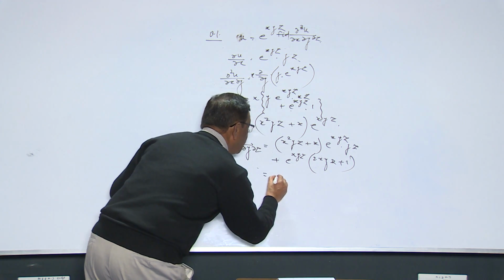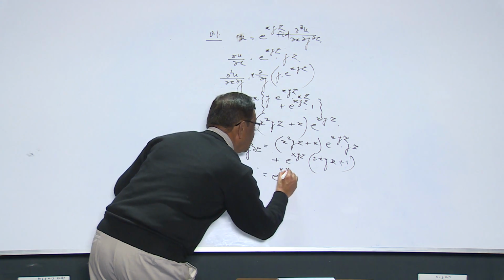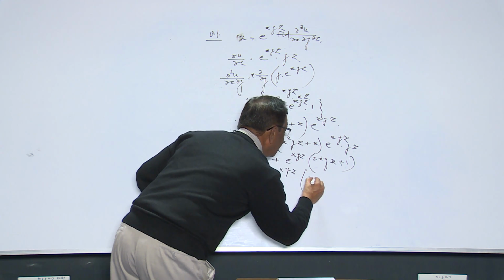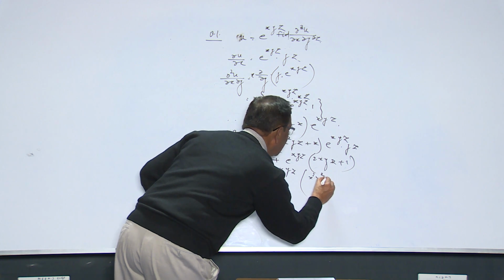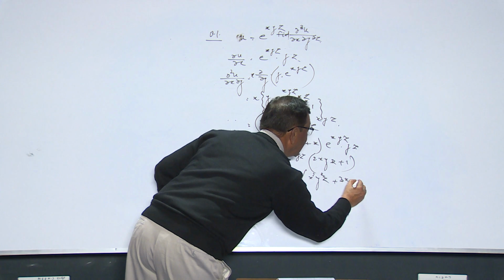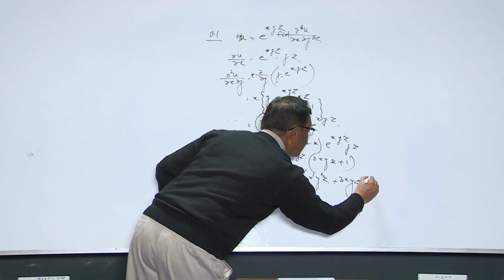So it is e^(xyz) times (x²y²z² plus 3xyz plus 1). That is all.